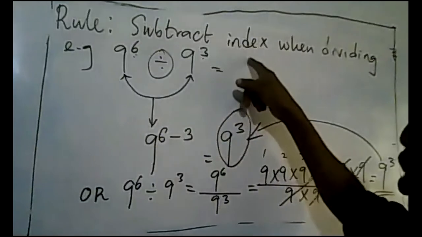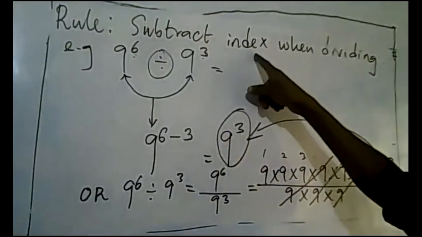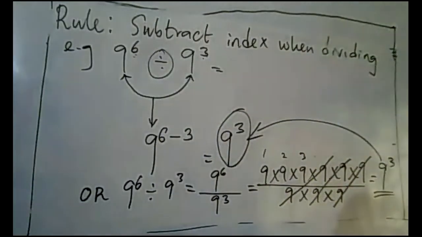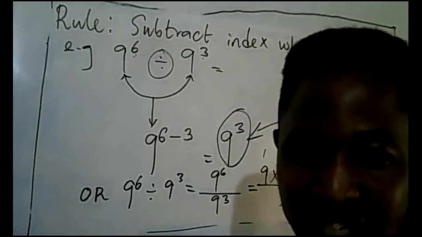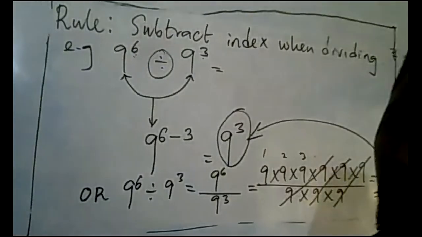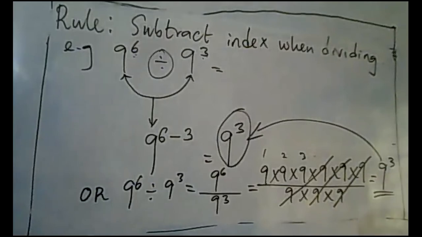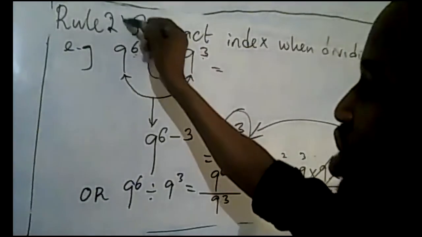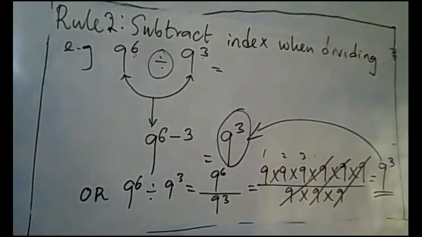Just follow the rule. The rule says subtract index when dividing and add up index when multiplying. I go again. Rule number 1 says add powers or index when multiplying. Rule number 2 says subtract index or powers when dividing.